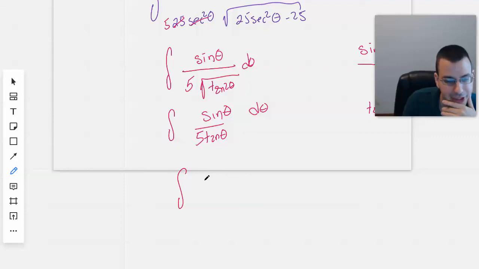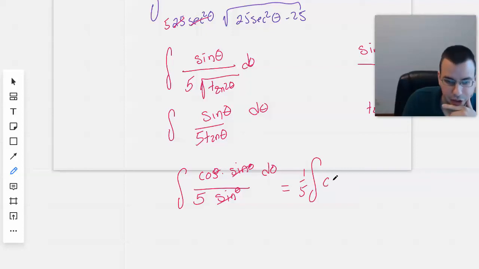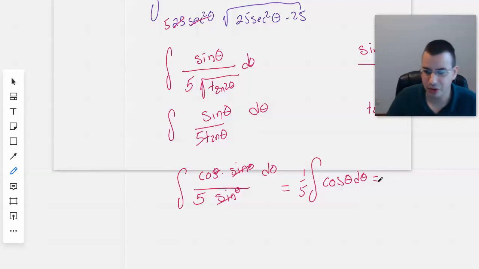So this would be 5 sine over cosine times sine. And I left off the thetas here. I should put them in. Cancel, cancel. And this equals integral 1/5 cosine of theta d theta. Wow, that worked out well.